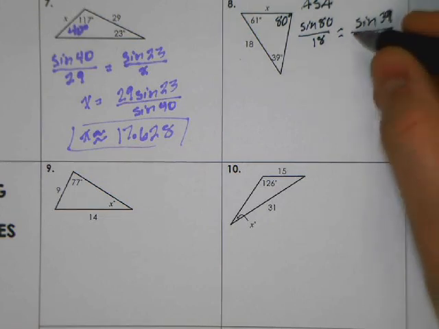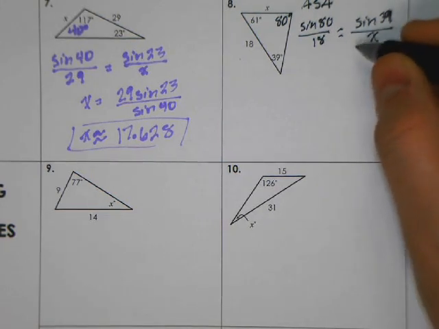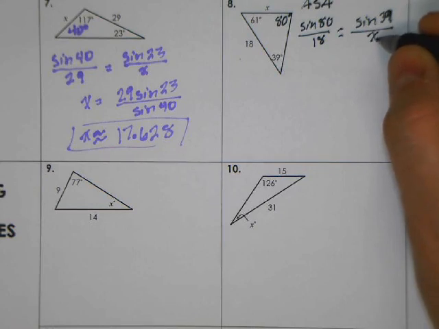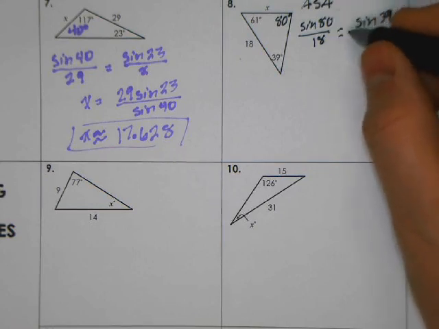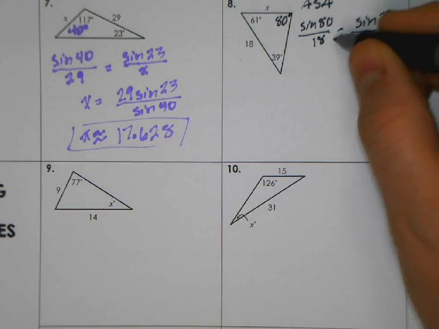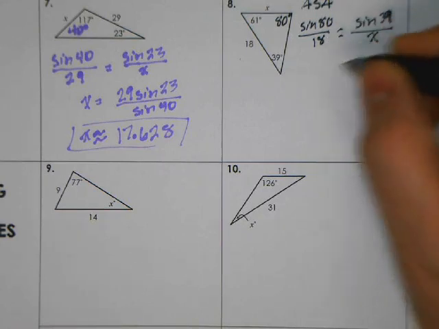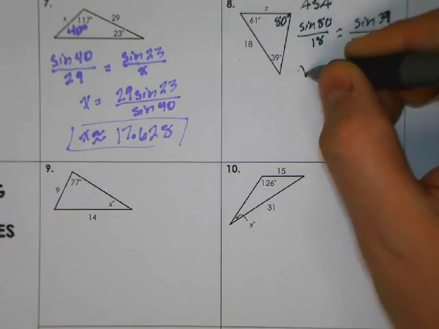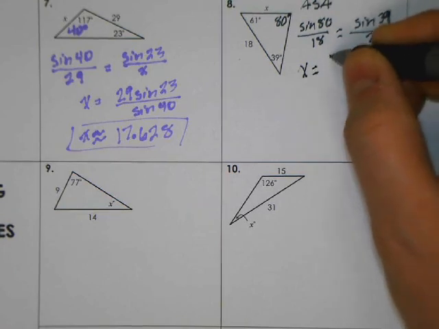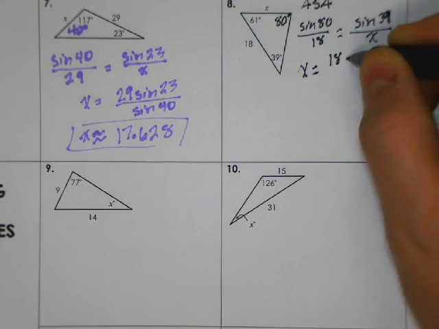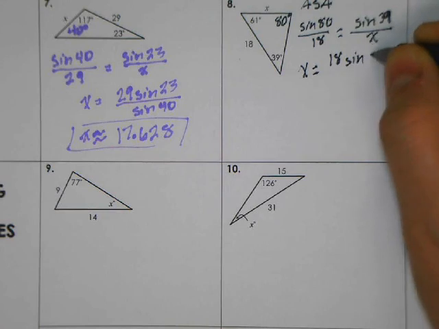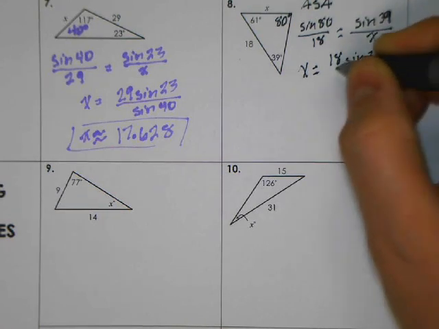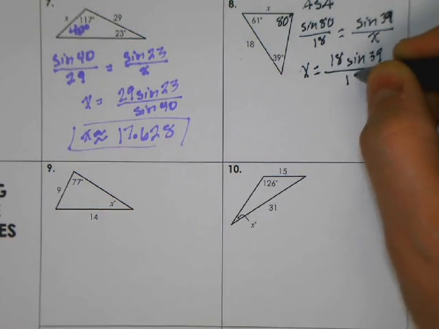So again, I'm going to save myself a little bit of steps here by doing all of the work kind of simultaneously. Multiply here by x. Basically, these two things are going to trade, and this is going to come up here. So I'm going to wind up with x is equal to 18 times the sine of 39, all of it divided by 18.